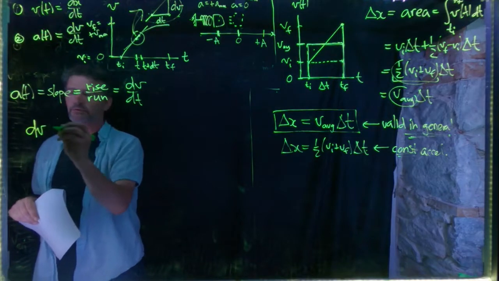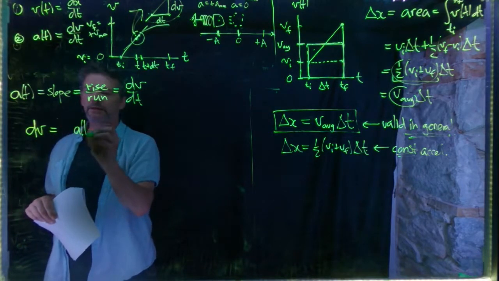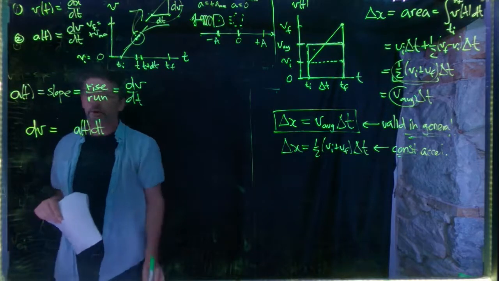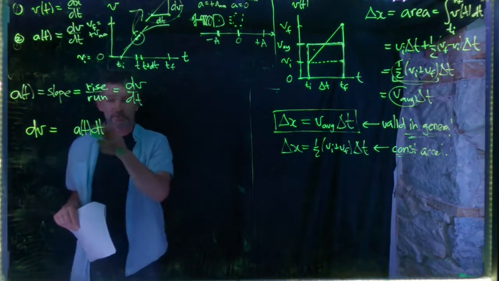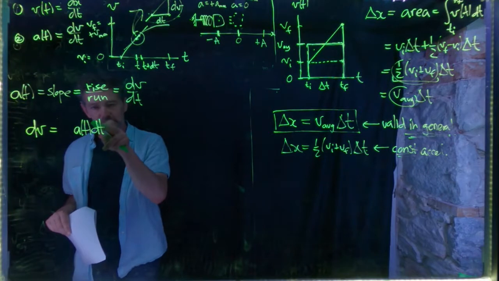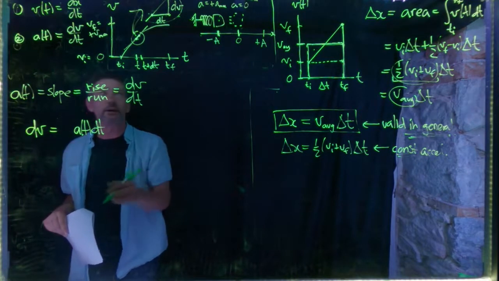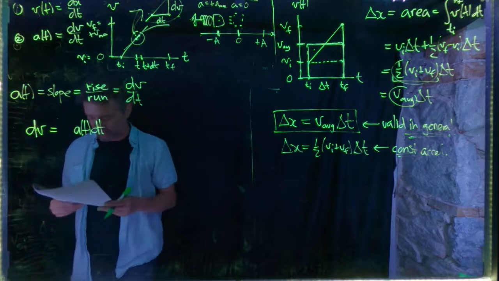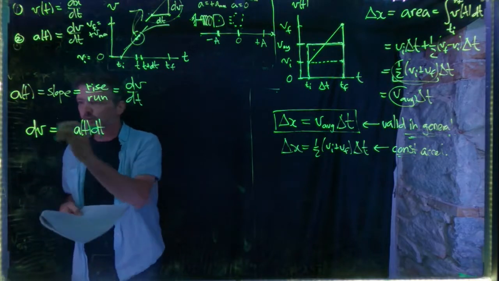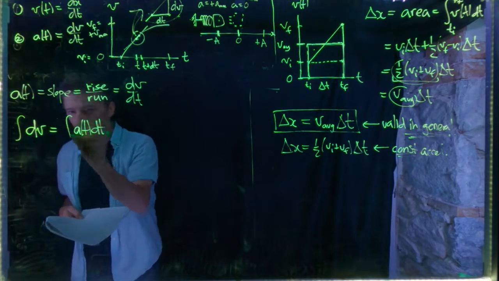So we get dv is equal to a of t dt. And you can see that's right. Acceleration, say meters per second squared, times dt seconds is meters per second. That's the change in the velocity. That's v final minus v initial. Okay, and then what we do is we integrate, we sum over both sides.